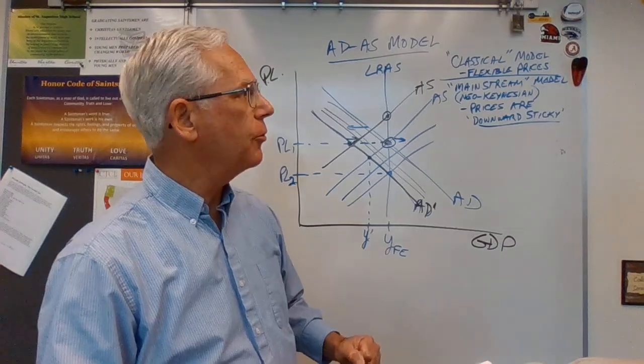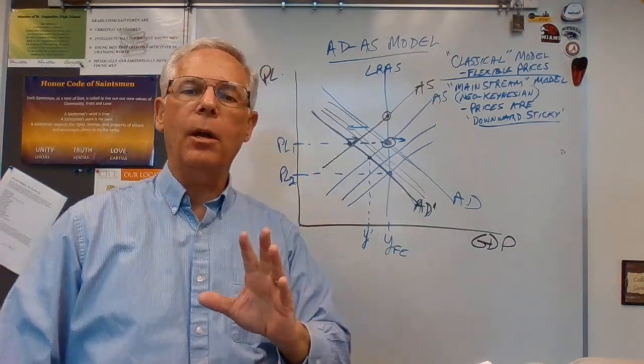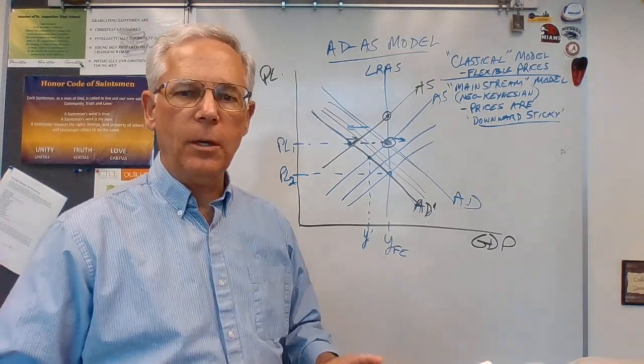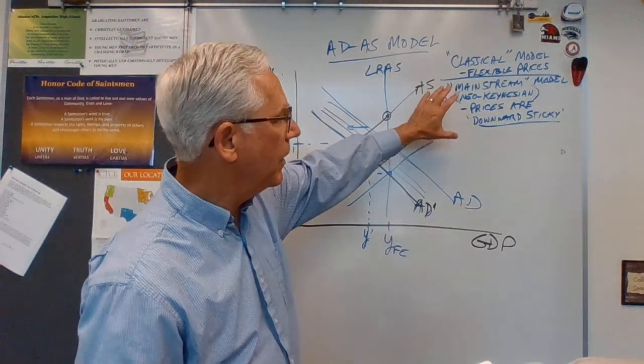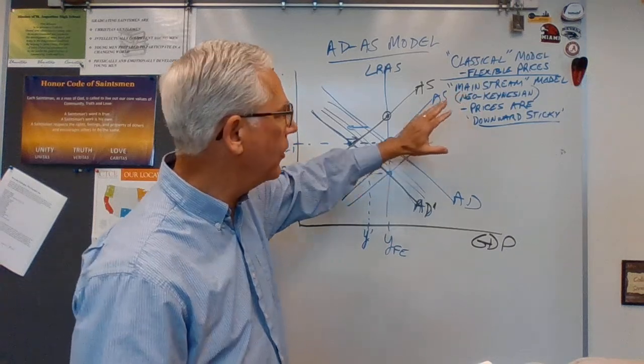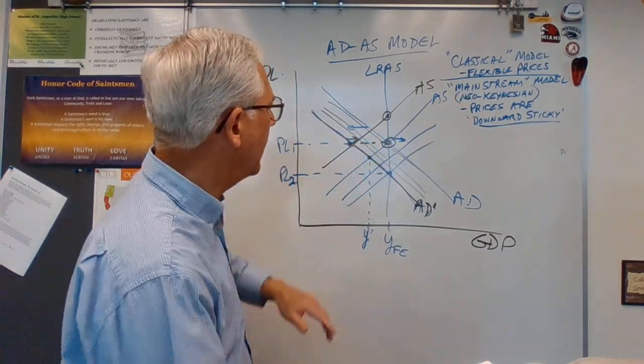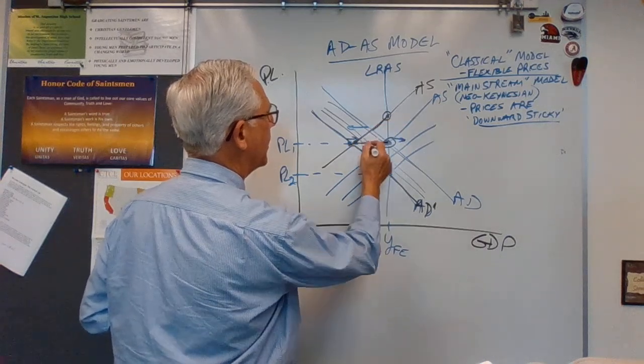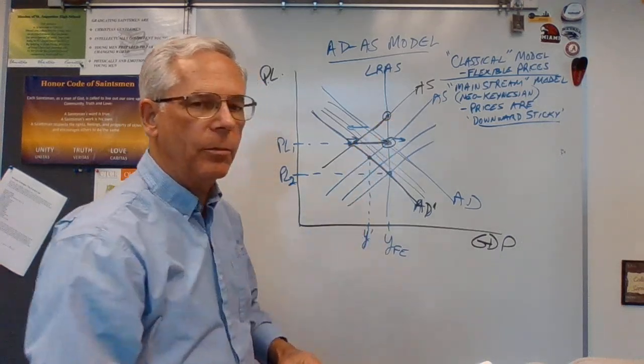Here we're distinguishing between the two models. Now, on an AP exam, if they say assume downward sticky prices, then you use the mainstream neo-Keynesian approach, where we come back along this direction here, and then we move either back up here or back here or somewhere in between.